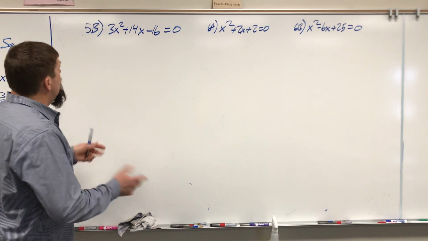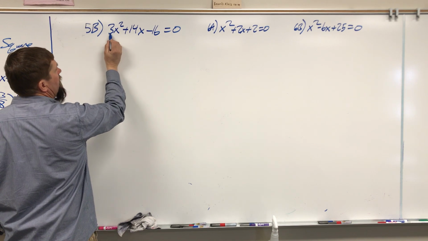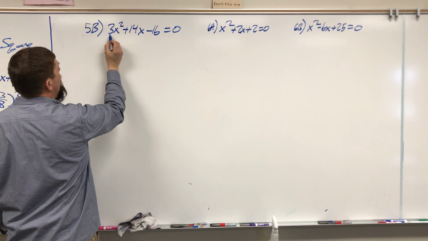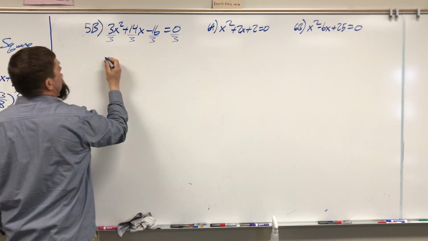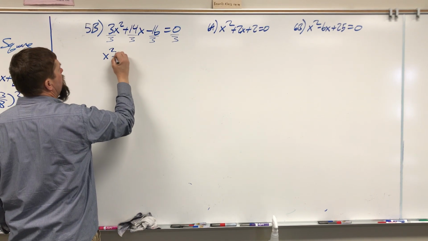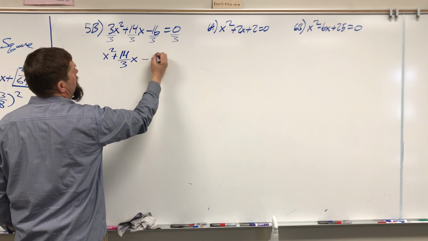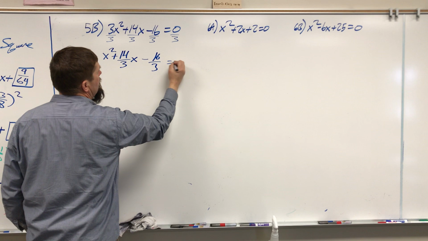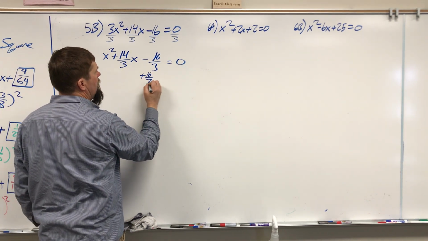Okay, so here we go. Again, since there is a number in front of the x squared that's not 1, we're going to divide by 3 to everything. Leaves me with x squared plus 14x, or 14 thirds x minus 16 thirds. I'm going to add the 16 thirds over.